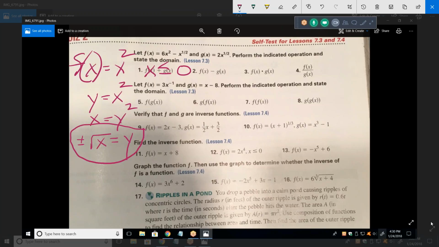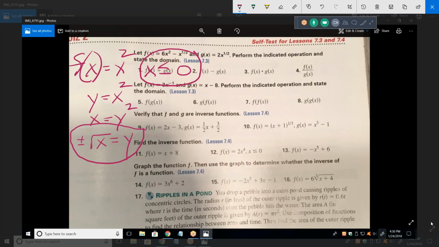But the fact that I have said that x has to be less than or equal to 0 means that in the inverse function, it's y that has to be less than or equal to 0. When you take inverses, the domain of x becomes the range of y, and vice versa.